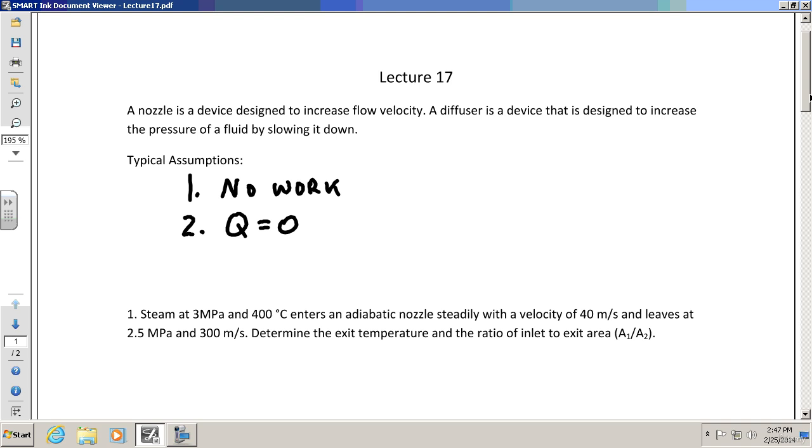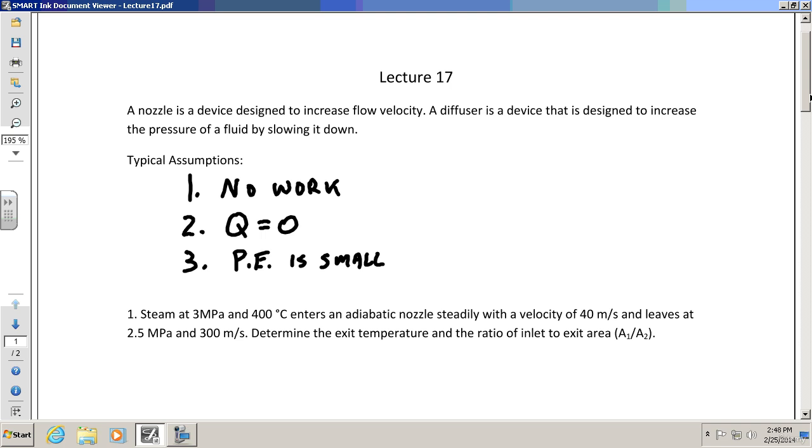Another thing that we're going to generally assume is that the potential energy effects are small. Potential energy, PE, we're typically going to ignore, because nozzles and diffusers typically don't change the elevation of the flow. Kinetic energy, though, is very important.